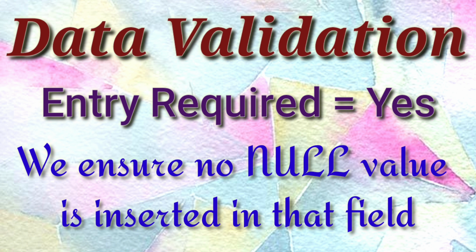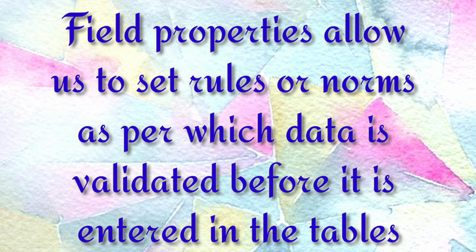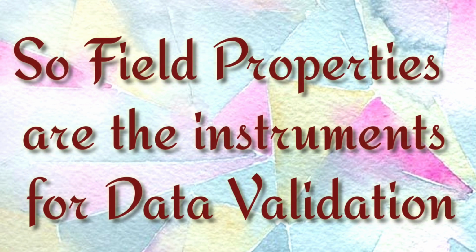So, Base validates the data in this field as per the setting of the field property entry required. Thus, the field properties allow us to set rules or norms as per which data is validated before it is entered in the data table. So, field properties are the instruments for data validation.